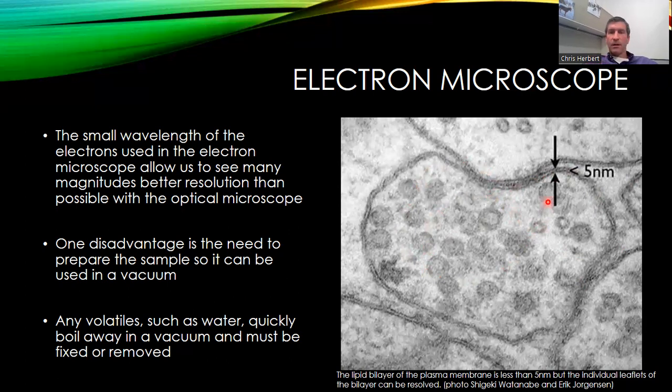The electrons are being passed through the sample rather than being scattered off the surface.